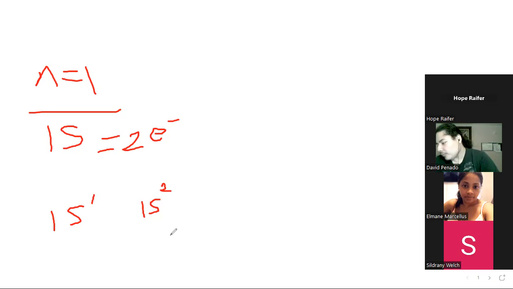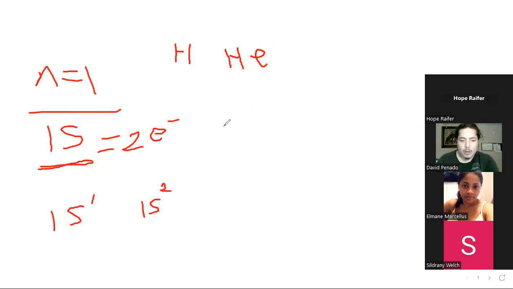So the order is to help distinguish how many electrons are there and in which section they are. So that's N1. N1 always has one s. Each element always has this. After hydrogen and helium, after the 1s, everything else would be 1s2.